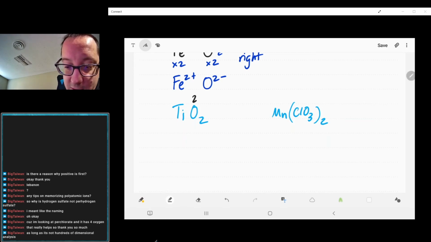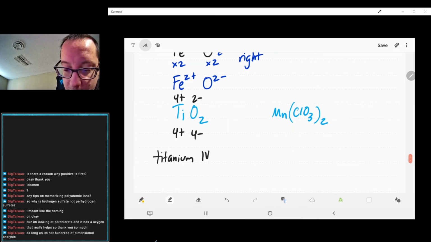We know oxygen is 2 minus. So 2 of those oxygens together is 4 minus, which means titanium would be 4 plus. There is only 1 titanium, so that titanium must be 4 plus. And as a result, we would say titanium 4 oxide.